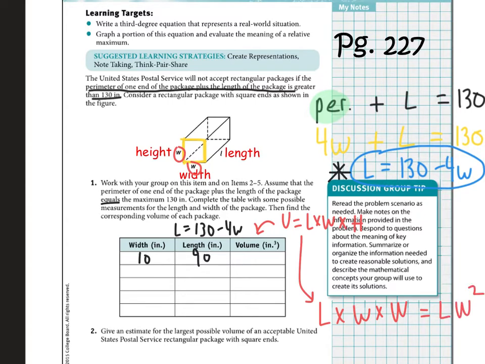For this first one, I'm going to do the length of 90 times 10 squared. So 90 times 10 times 10 gives a volume with those dimensions of 9,000.